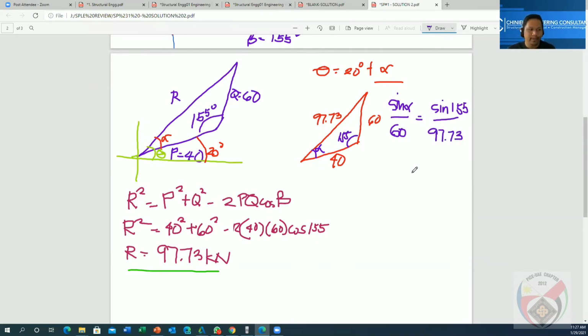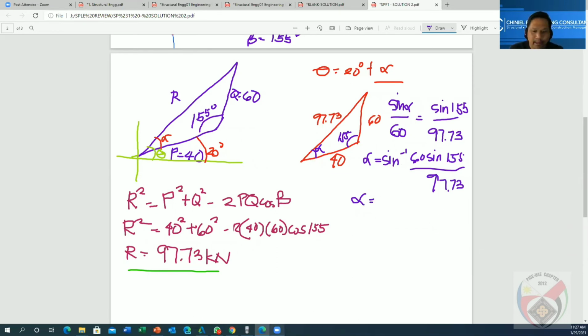Okay, so alpha equals the arc sine of 60 sine 155 over 97.73.